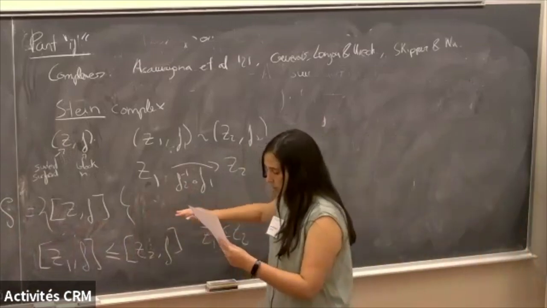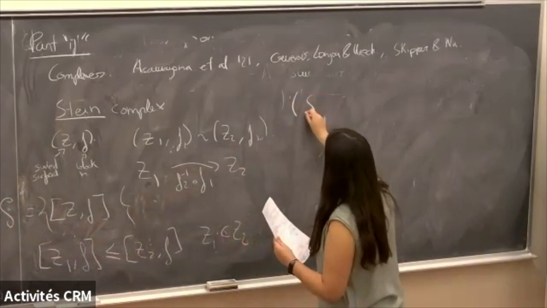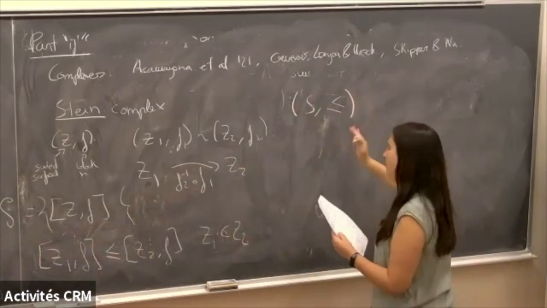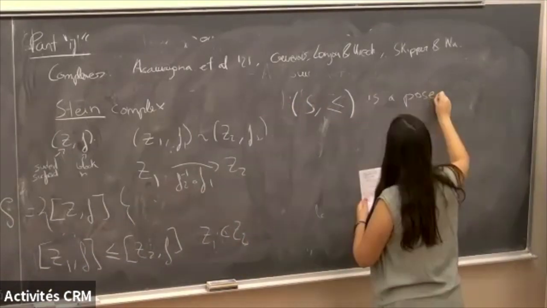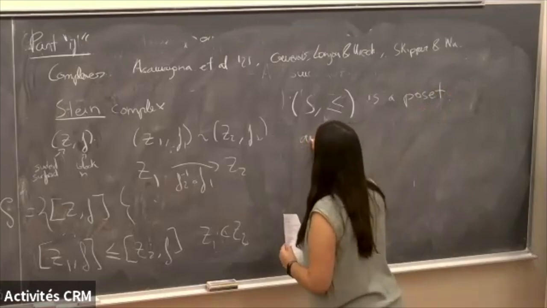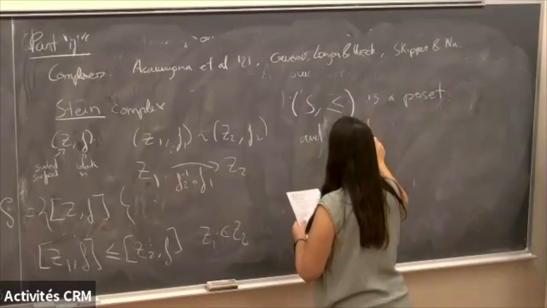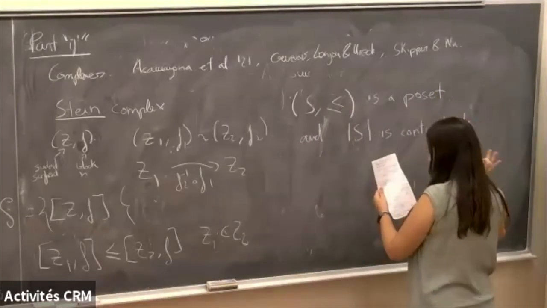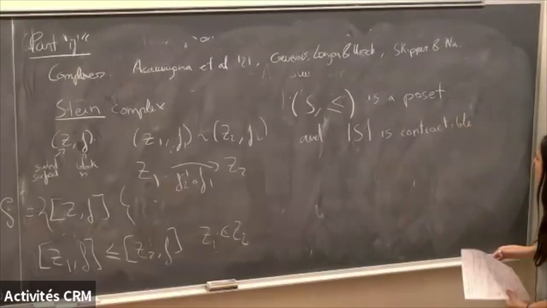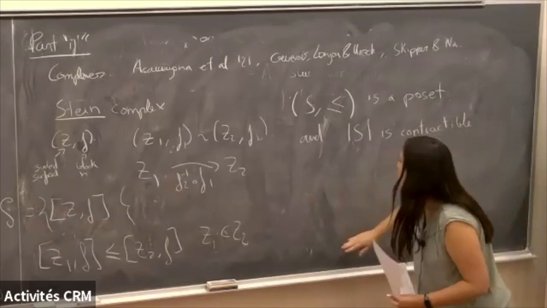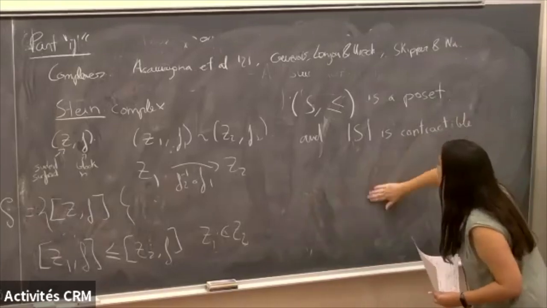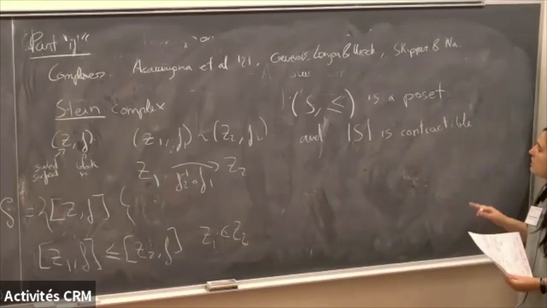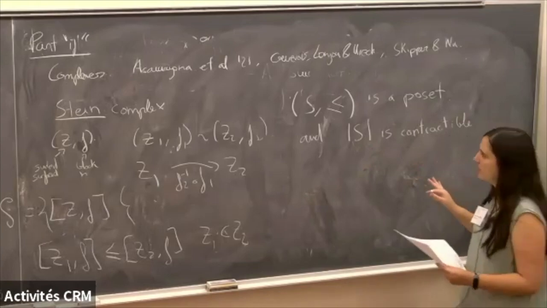So S with this partial order is a poset, and its geometric realization is contractible. I'm not giving many details, but we need to work a bit more, and inside this geometric realization we're only going to take some kind of simplices.